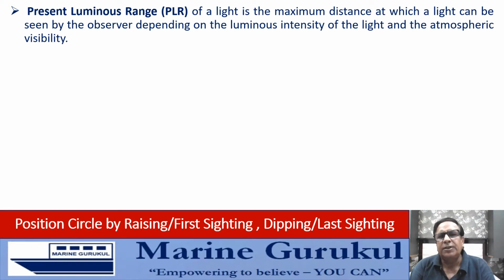Now, present luminous range of a light is the maximum distance at which a light can be seen by the observer, depending on the brightness or the luminous intensity of the light and the transparency of the intervening medium, which in this case is the atmospheric visibility.